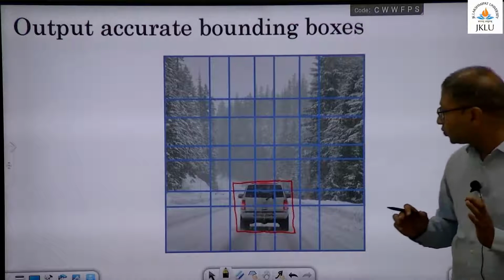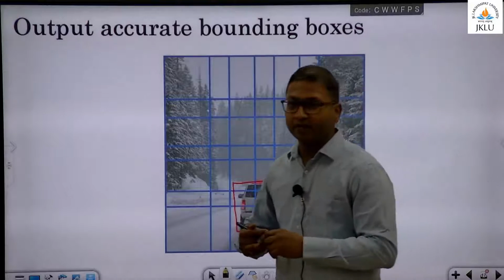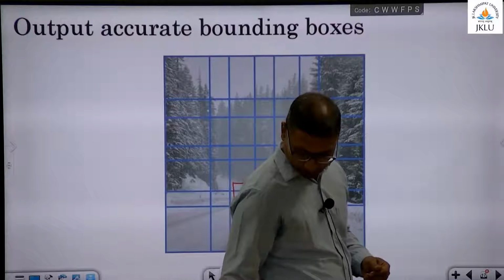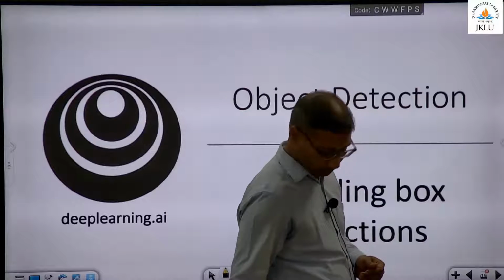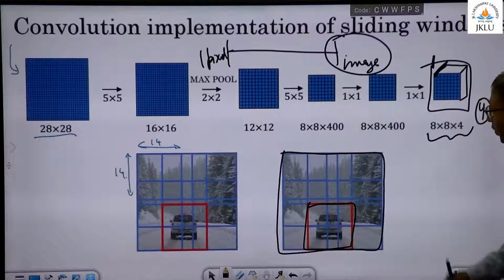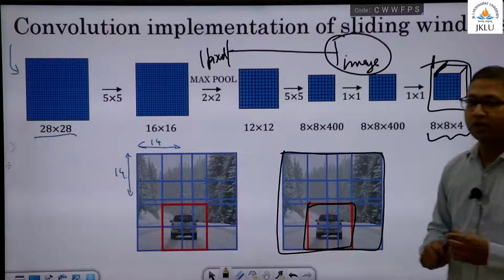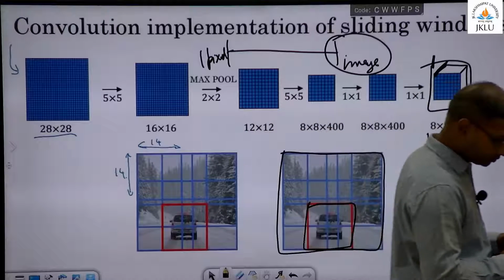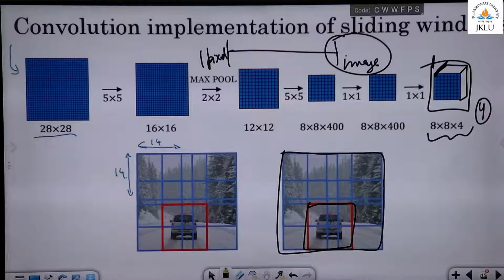So now what was the problem with sliding window protocol? We have talked about it here. Computational cost.